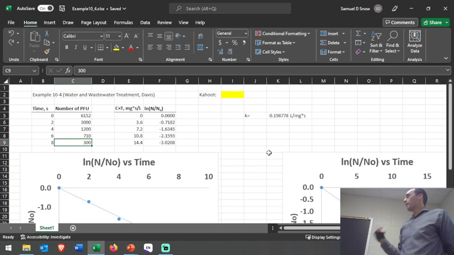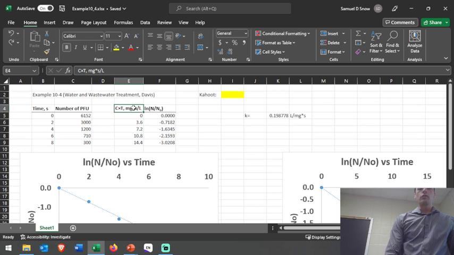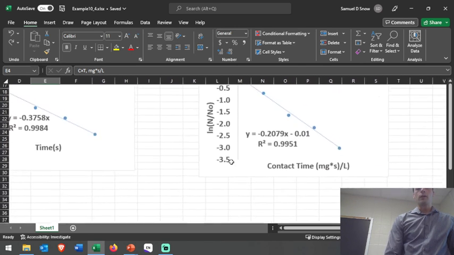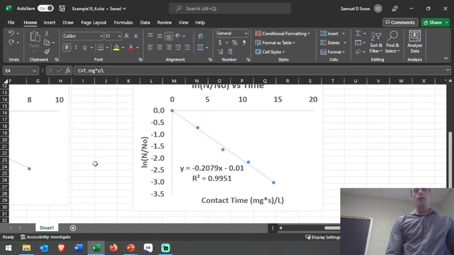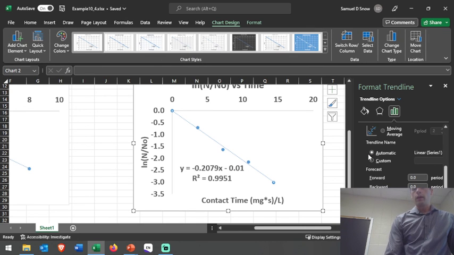All right, so this is kind of neat stuff. Another way you could think about doing it is just convert the x-axis into the CT. That's done pretty commonly. So if we did the CT here, and again, we should put this through 0, set intercept.